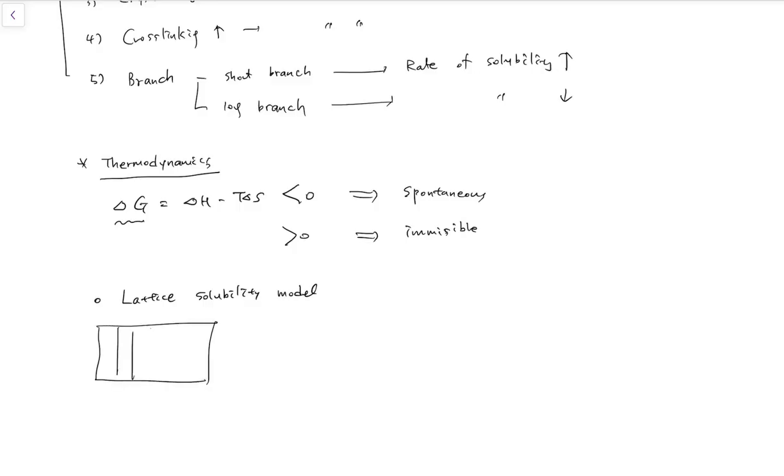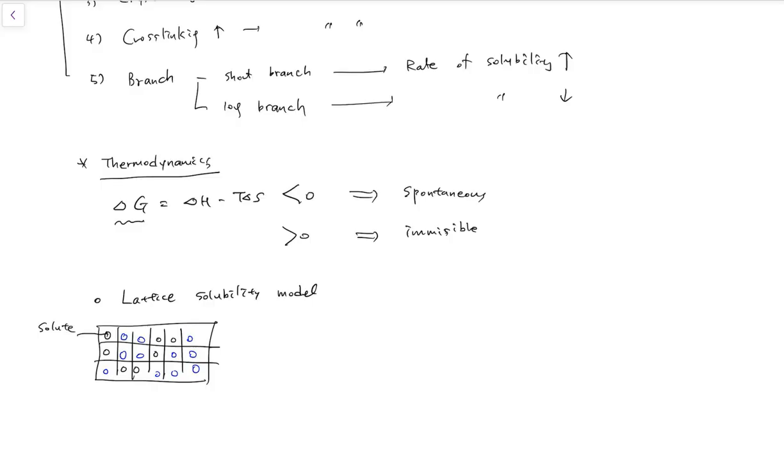In the lattice solubility model, we have this kind of lattice, and there is, for example, this circle, a certain molecule, surrounded by solvent molecules.